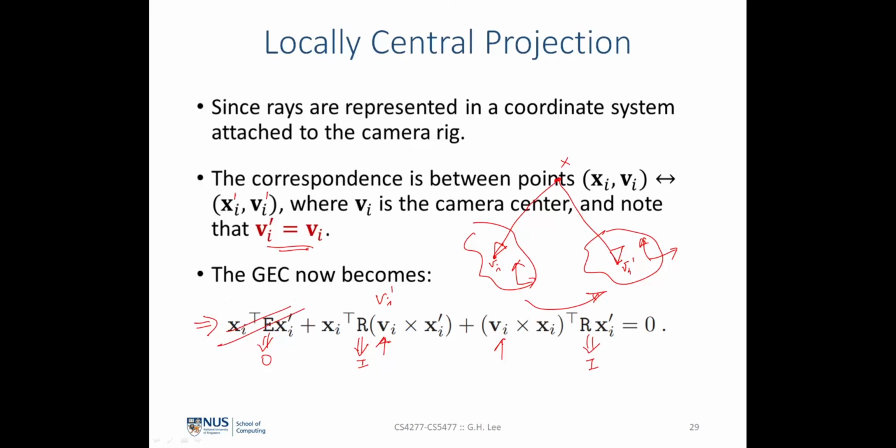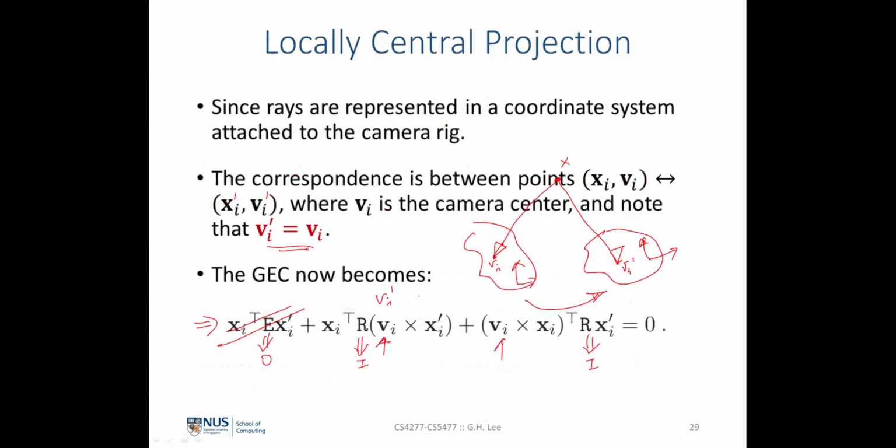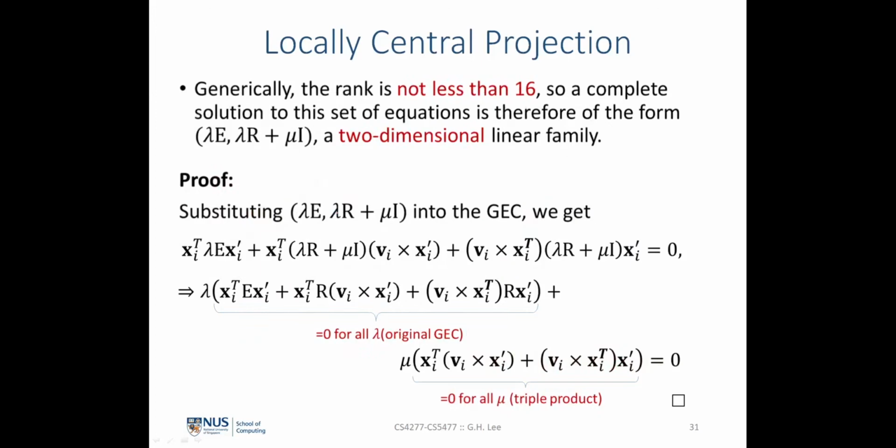And since R becomes an identity, these terms become the sum of an antisymmetry of the triple product, which is shown by this term over here. In linear algebra, we know that this is always equal to 0. Hence, 0 and identity would fulfill the generalized epipolar constraint.